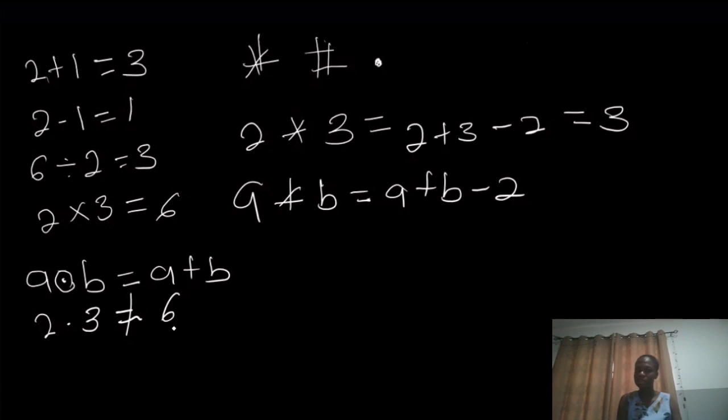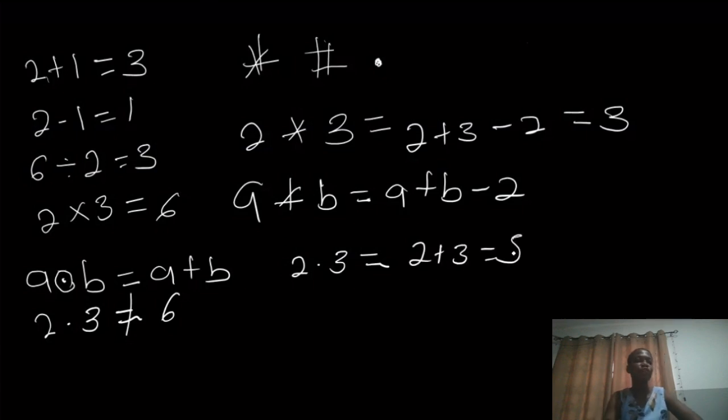The dot is not multiplication. It is an operation they've defined for you. So you have to follow the rule they've given you. So 2 dot 3 should be equal to 2 plus 3, which is 5. So you always have to follow the rule they've given you to solve the operation.